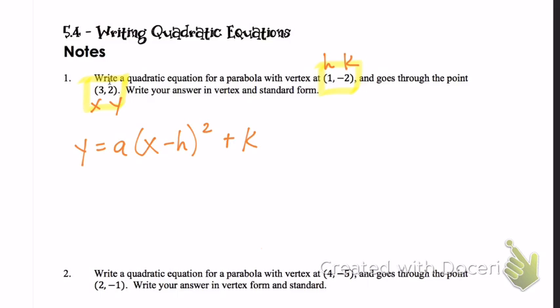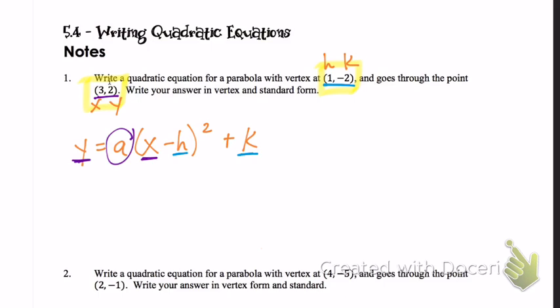So I'm going to plug in numbers 1, negative 2 for H and K, and then I'm going to plug in numbers 3, 2 for X and Y. So that's going to take care of 4 of the variables, and then I'm only left with A to solve for.